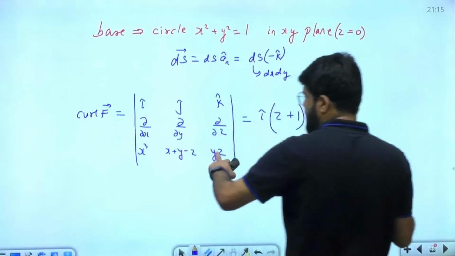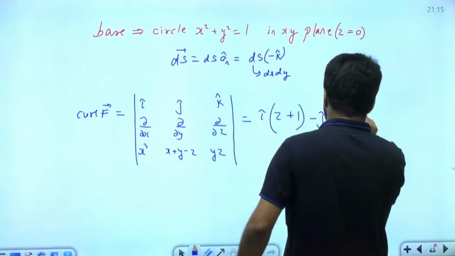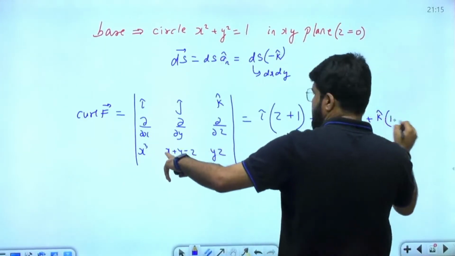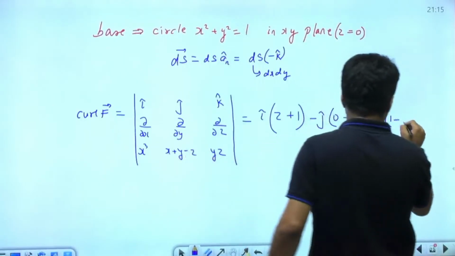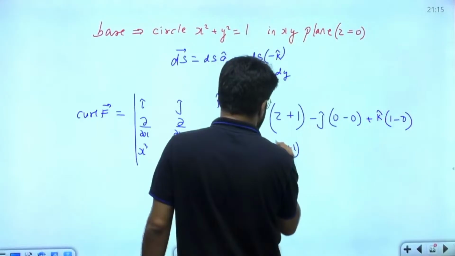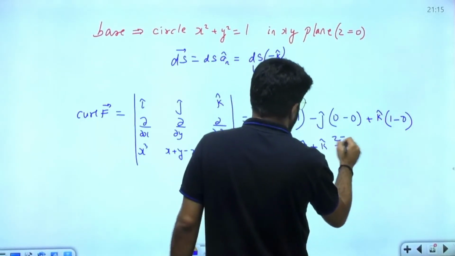Minus j cap, del by del x of the third component has no x term, 0, and del by del z of the first component has no z term, 0. Plus k cap, del by del x of the second component is 1, minus del by del y of the first component, 0. So this is equal to z plus 1 i cap plus k cap.